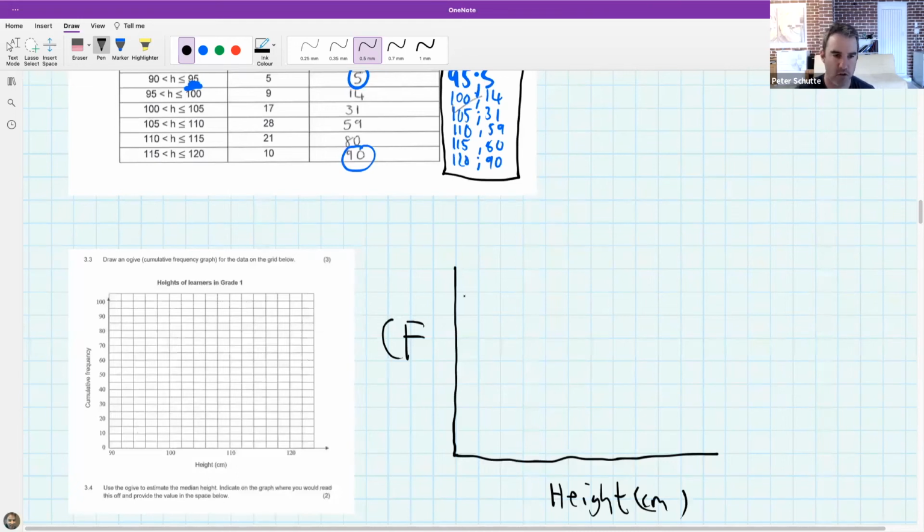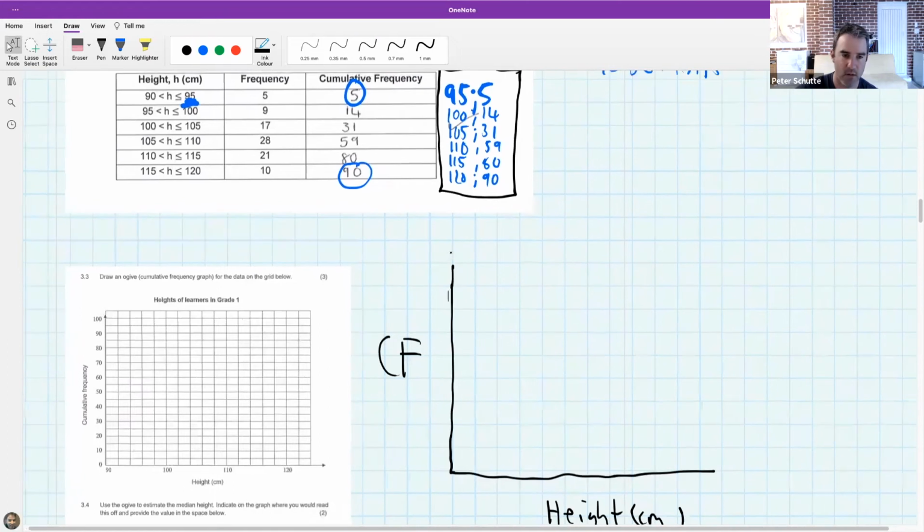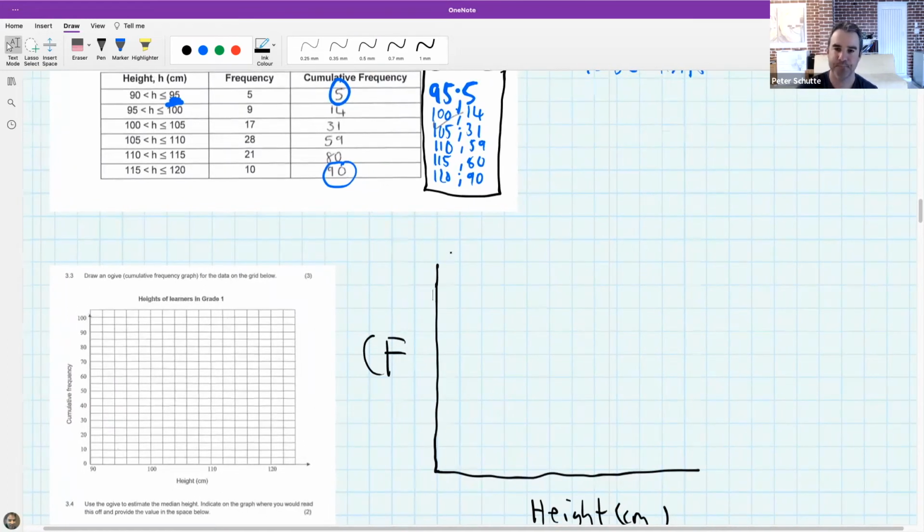And so what do you need? What is your ogive going to look like? So if I was plotting it, there would be 95, and this would be 5. So we would get that. And then we get 104 and 14. So it should be about there. 105.31.